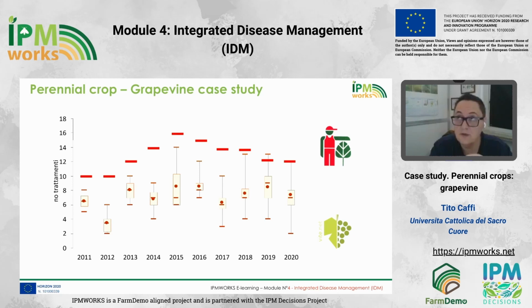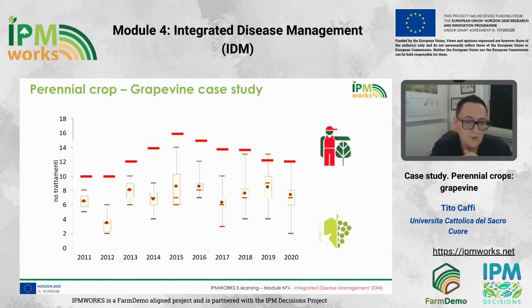We are talking about 110 or 120 farmers all together. So the number of treatments in the same season using the decision support system, so using the model we have just discussed for taking decisions.